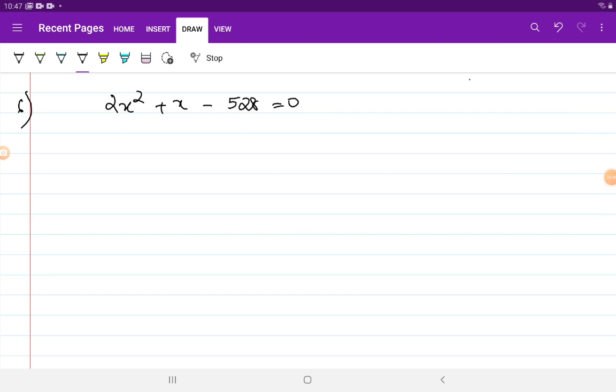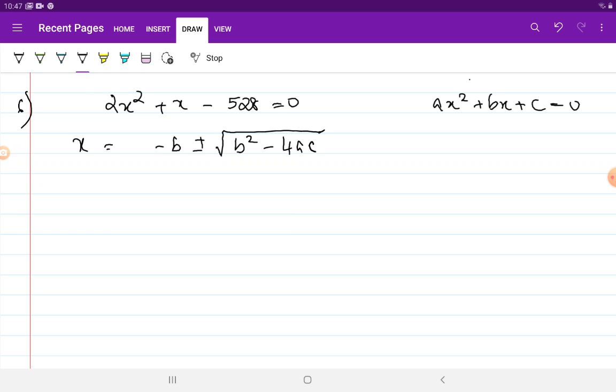Our sixth question asks you to use the quadratic formula. So given the general form ax square plus bx plus c equal to 0, your quadratic formula says x is equal to minus b plus or minus root under b square minus 4ac whole divided by 2a. So in this equation, my a is 2, b is 1, c is minus 528.